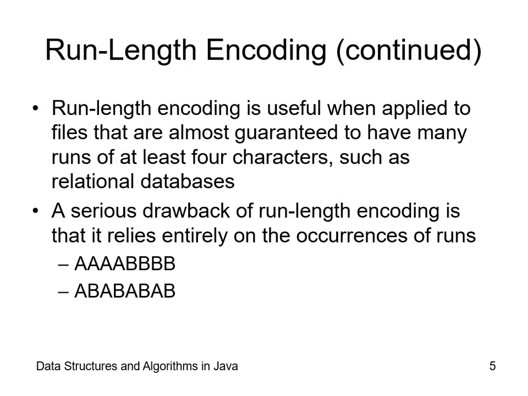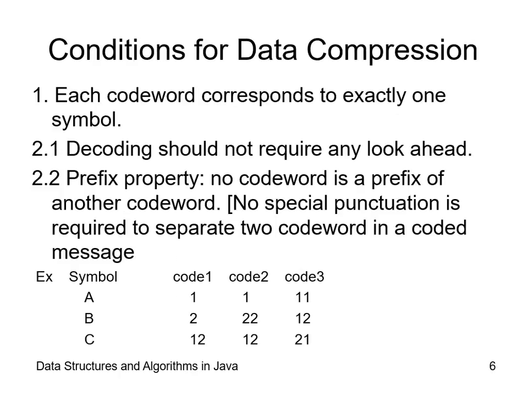Okay. Let's see, for example, if we try to make a symbol to represent a character, for example, if we use A represented by 1, B represented by 2, C represented by 12, okay, if you want to write, let's say, the word cap, what is cap?